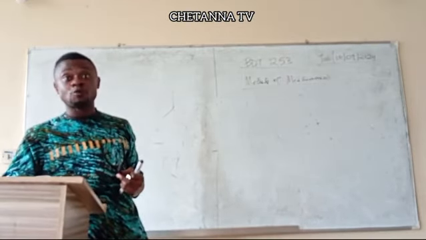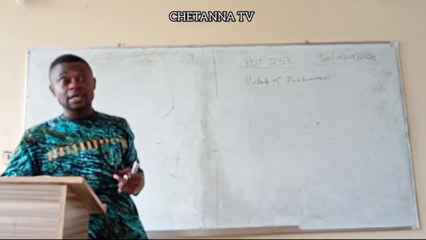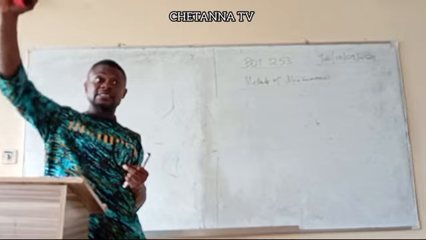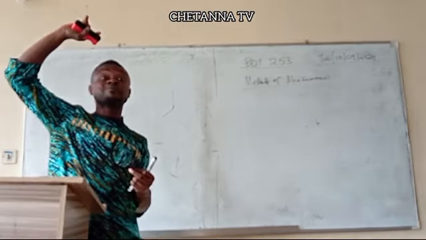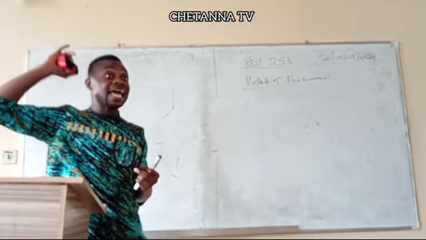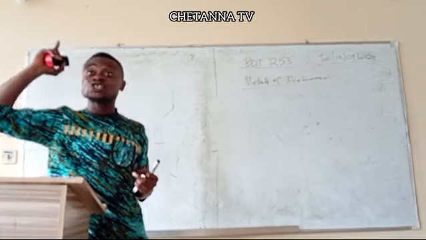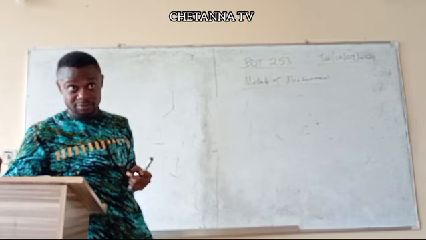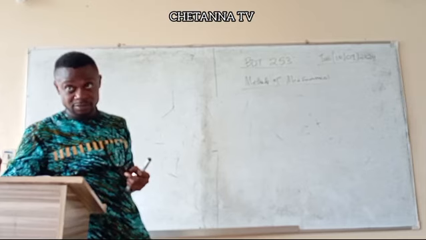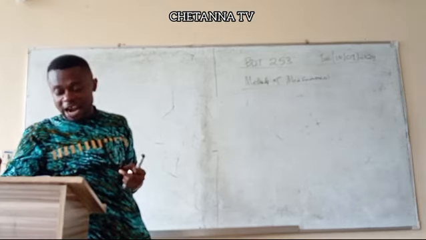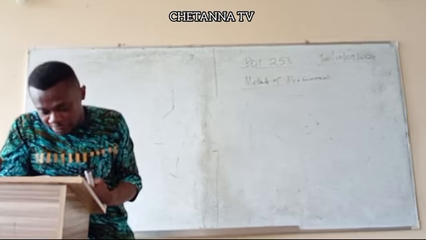This is also one of the questions. Yes, the maximum permissible error is 5%. Error above 5% is not permissible. Are we together? Error above 5% is not permissible. Please note that.